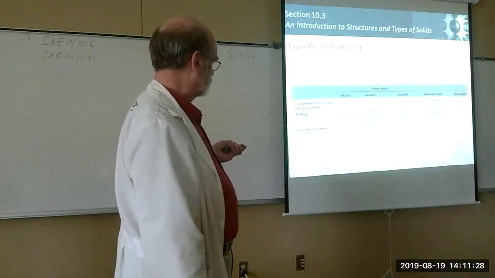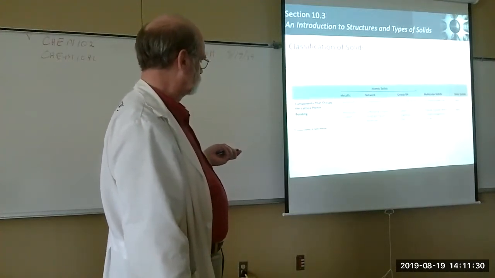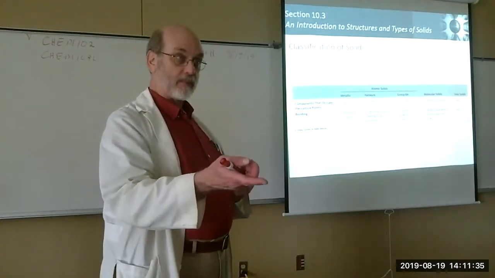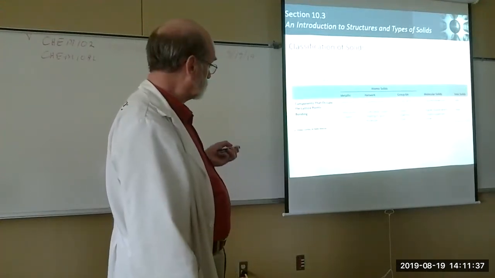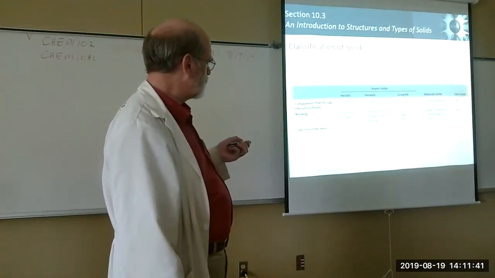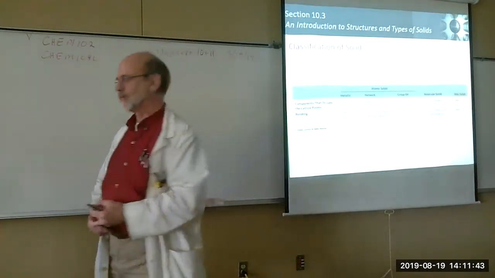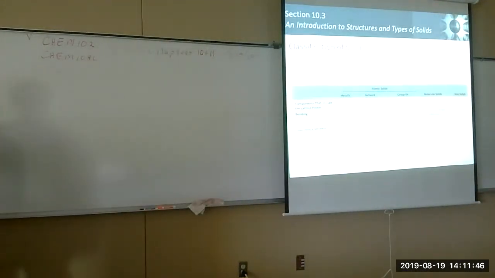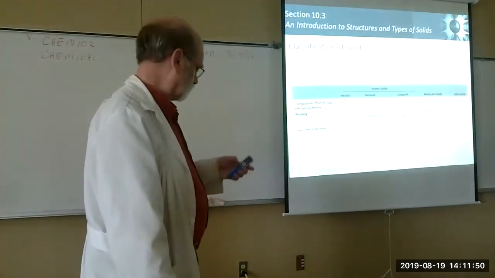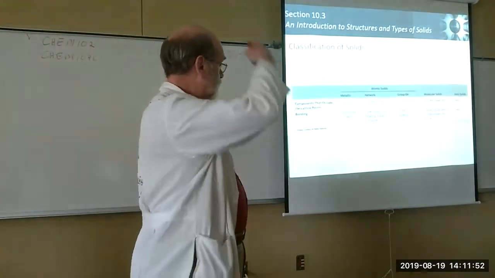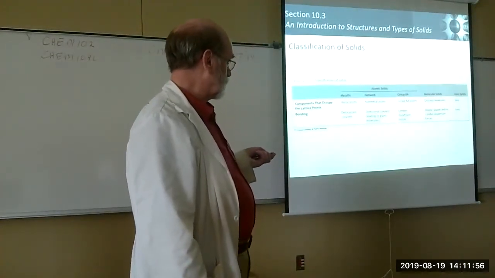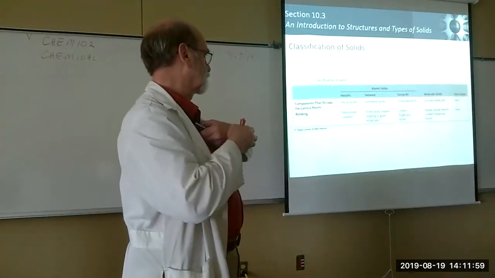Network solids. These are giant molecules. Diamond is one example of a network solid. And then you can form these 8A groups. 8A means noble gases. They can be held together as atomic solids, but the forces holding them together are purely London dispersion.